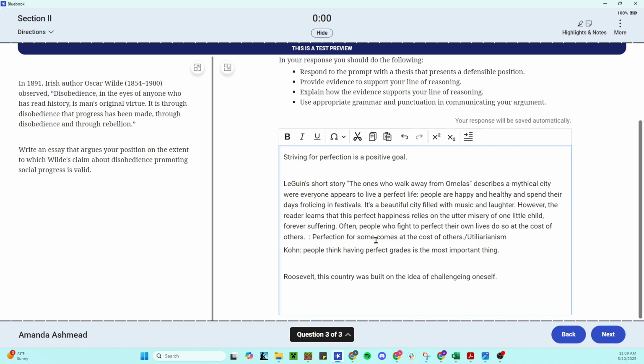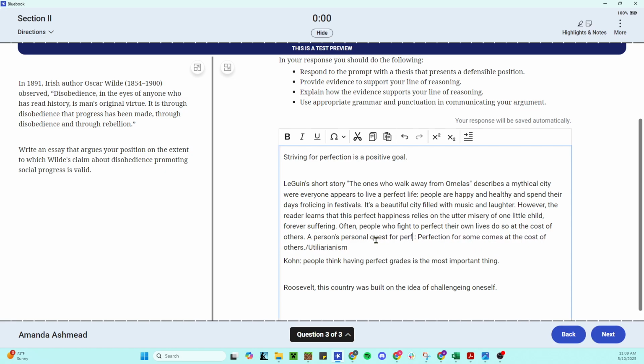I could come up with other examples. I might want to go a little bit further and say something like, a person's personal quest for perfection should not come at the cost of others.